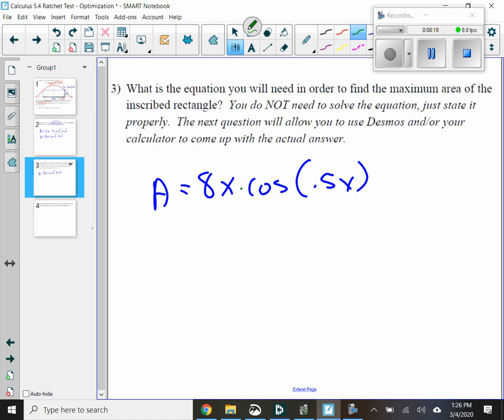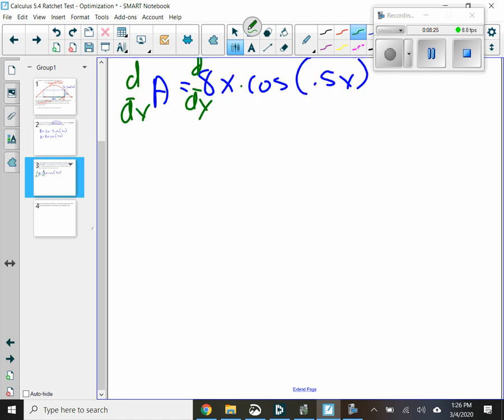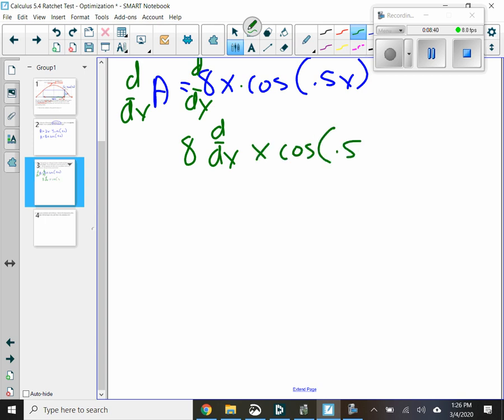So I'm going to take the derivative with respect to x of that. I'm going to pull my constant through the derivative so I don't have to worry about it. So I have 8 times the derivative with respect to x of x cosine 0.5x.